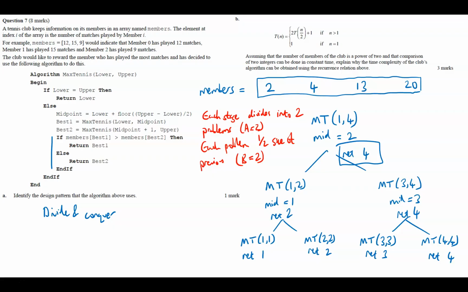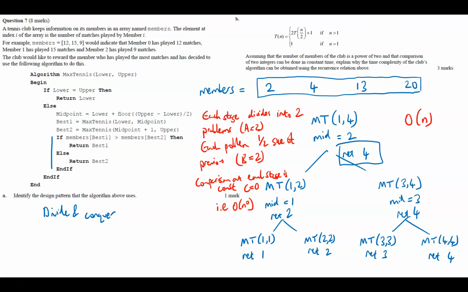We're told that this is working in constant time. So the comparison at each stage is constant, which means that C equals 0, i.e. big O of n to the power of 0. And then we would put all that into the master theorem, and we would find that we get big O of n.